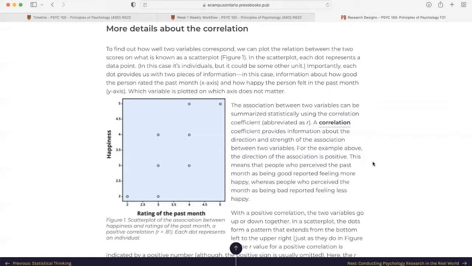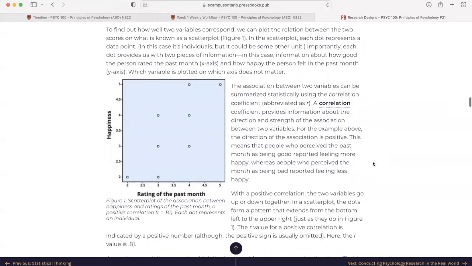This means that people who perceived the past month as being good reported feeling more happy, whereas people who perceived the month as being bad reported feeling less happy. With a positive correlation, the two variables go up or down together. In a scatter plot, the dots form a pattern that extends from the bottom left to the upper right. The R value for a positive correlation is indicated by a positive number, although the positive sign is usually omitted.